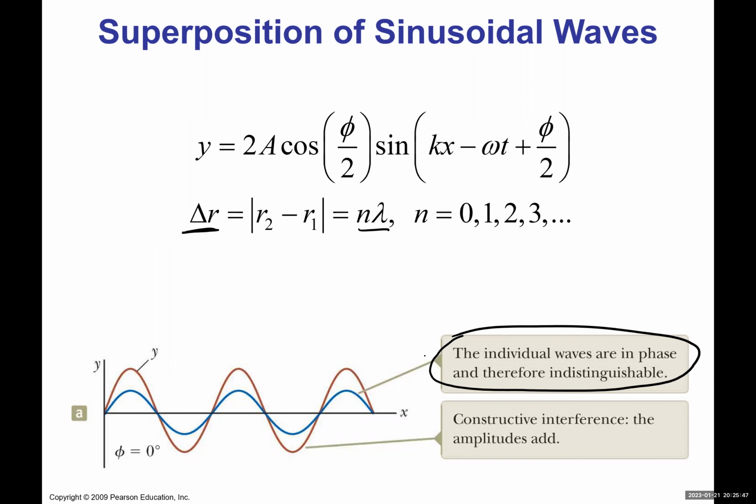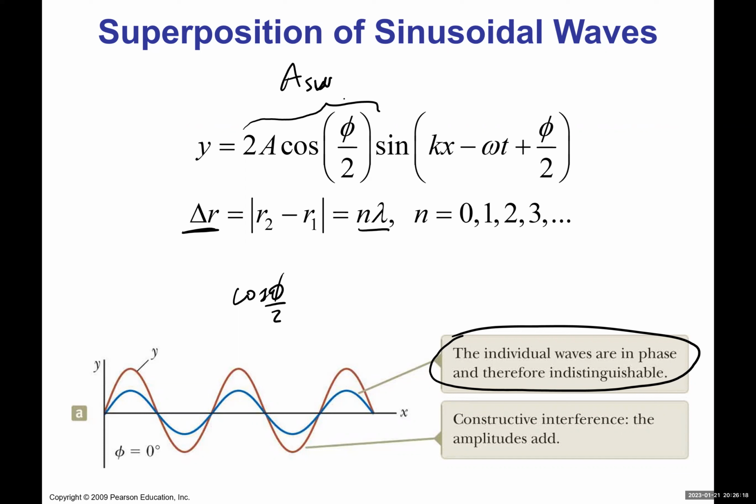Okay, now what are the conditions for us to have constructive interference? Well, we can see that right now, when you have this term where you have cosine of phi over 2, this term is basically going to determine what we technically call the amplitude of the wave, which is the superposition wave.